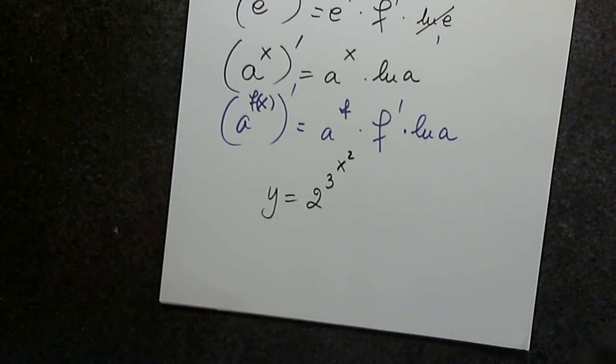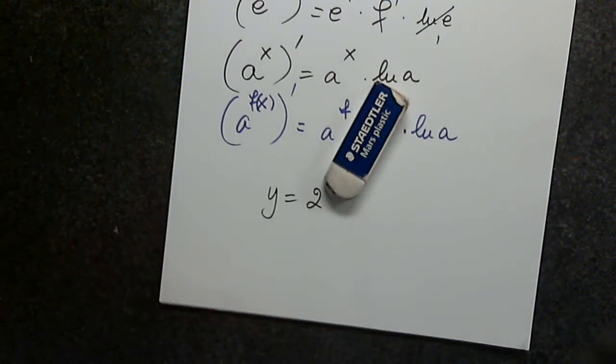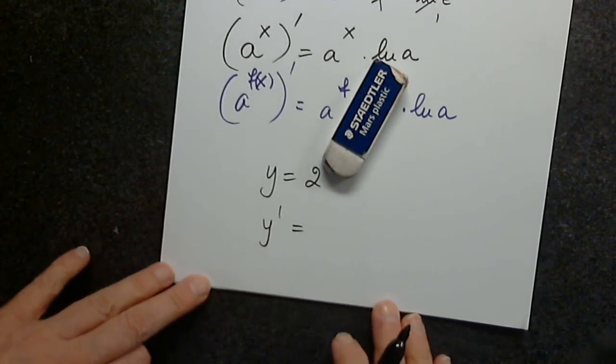Please try to understand that the best thing to do is decompose, at least in your mind, this function. So first of all, I see 2 raised to a power. So how do I differentiate 2 raised to a power?